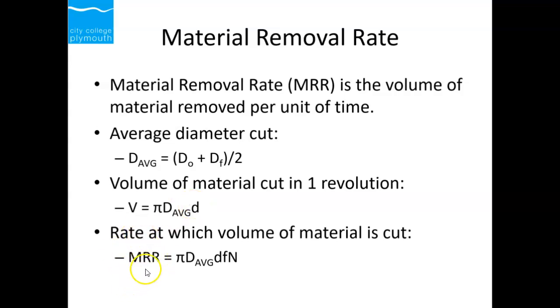The material removal rate is the volume cut in one revolution, V, multiplied by the number of revolutions, n. So that's pi D average d, multiplied by Fn, which is the speed.